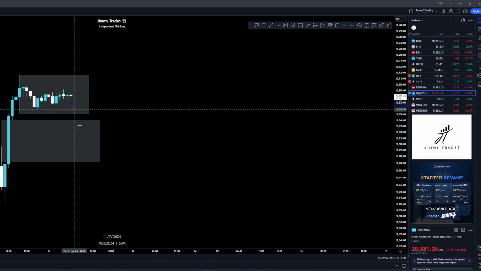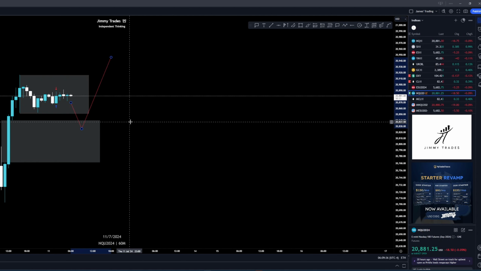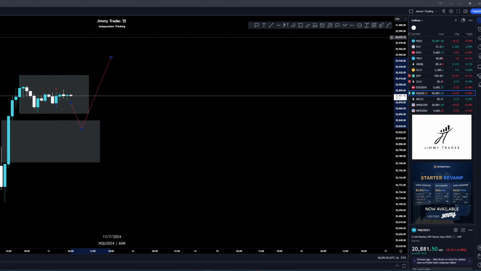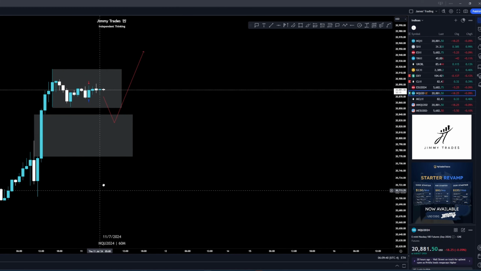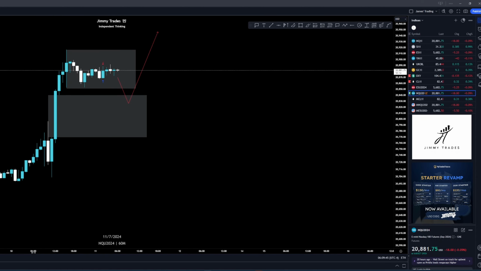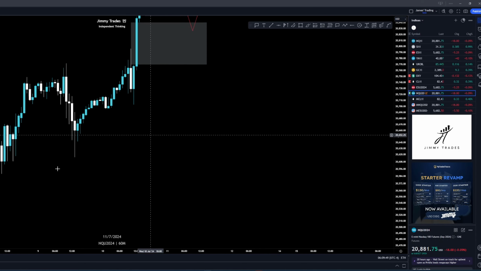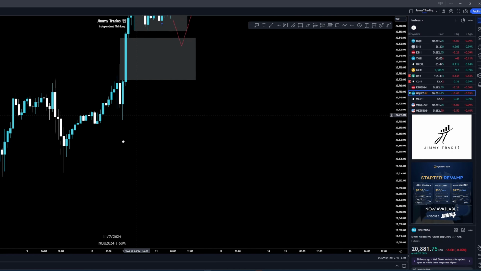Something like this. There's no denying the bullish momentum at the moment. It just continues to roll on higher.